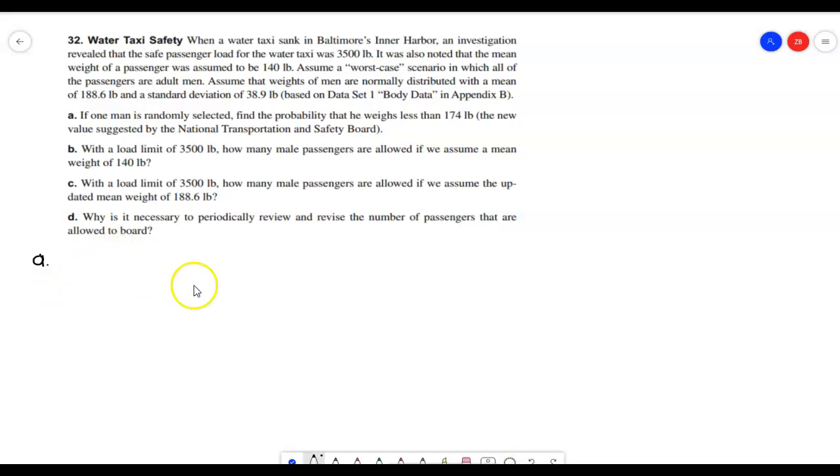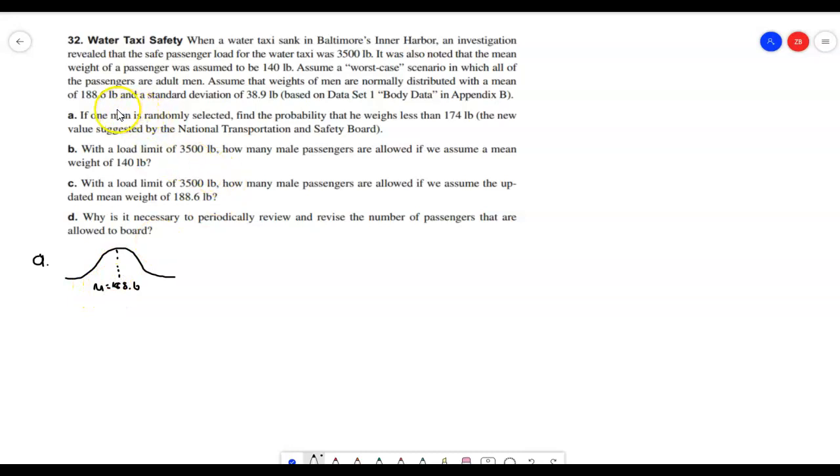It should be a little bit more symmetric because we're talking about a normal distribution, and I've got my mean. My mean weight of men is 188.6, so 188.6 is right there. So that's my mean.